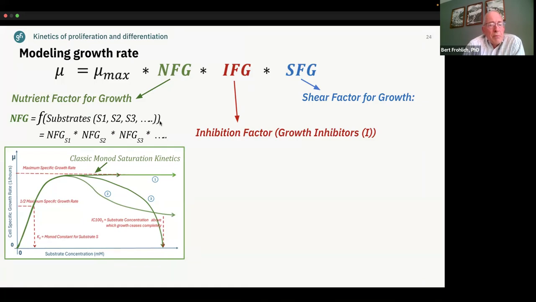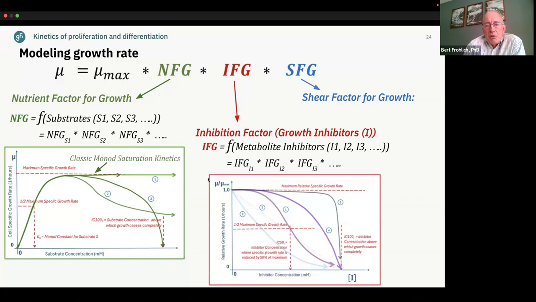So there's a separate factor for each of the substrates. And below that, I'm just showing some example kinetic profiles that are typically presented in the literature, biochemical engineering literature. The most common one being the Monod kinetics, which is the model number 1 shown there, that saturates beyond a certain concentration.